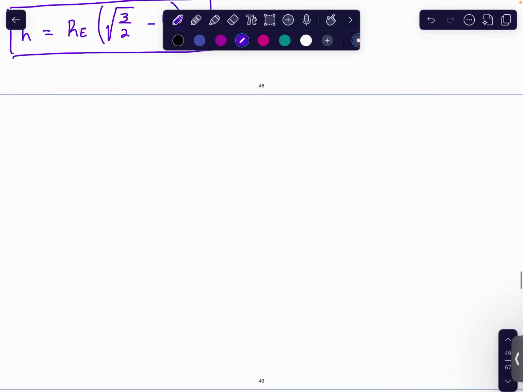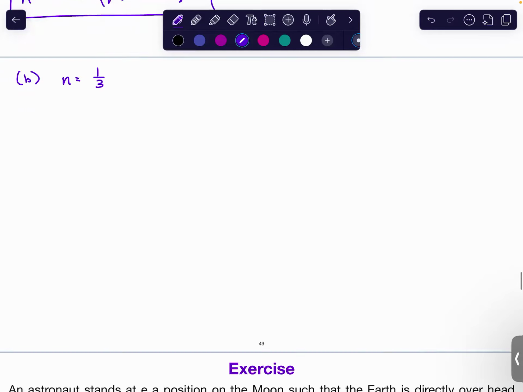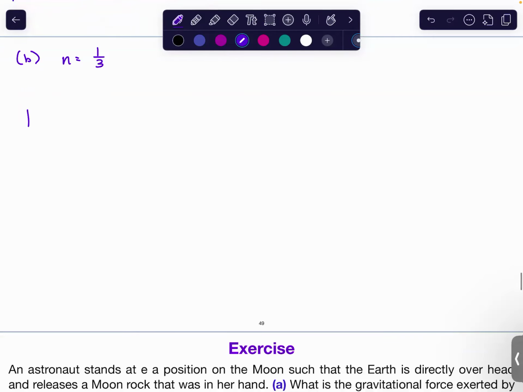Okay, let's look at part B. n equals 1/3. h is going to equal the radius of the Earth times one over square root of 1/3, minus 1.